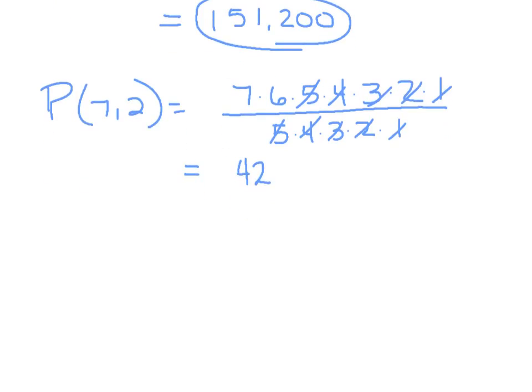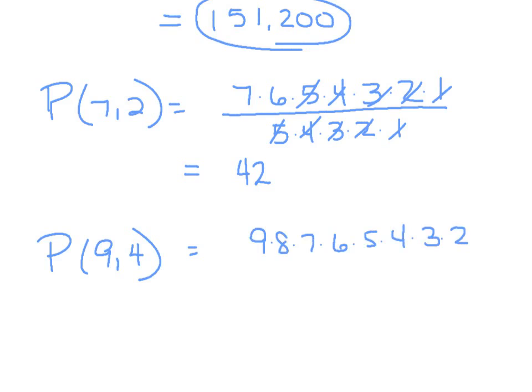We'll do one more. Let's try this one. Permutation of 9 items taken 4 at a time. So we would do 9 factorial: 9 times 8 times 7 times 6 times 5 times 4 times 3 times 2 times 1 over 9 minus 4, which is 5. 5 factorial would be 5 times 4 times 3 times 2 times 1.